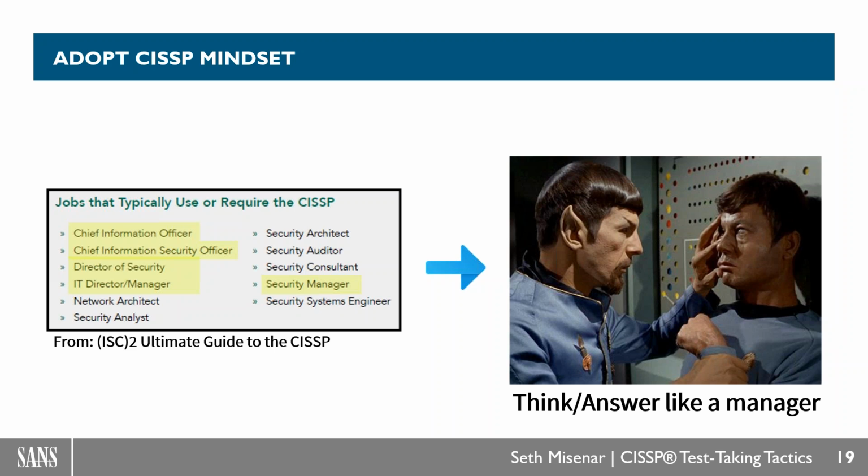Look at all the ones I highlighted in yellow. All of those are management. Now, yes, there are other roles there, but that's a heck of a lot of management and variations upon the theme of management. CIO or CISO, there's a lot of management in there. And the way that you approach the questions should reflect that.